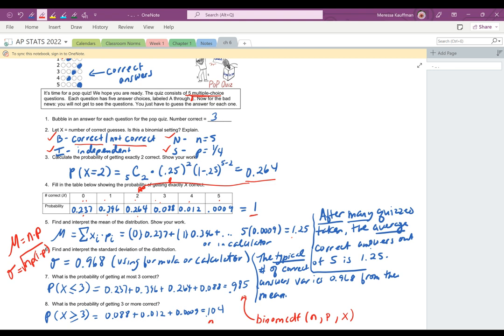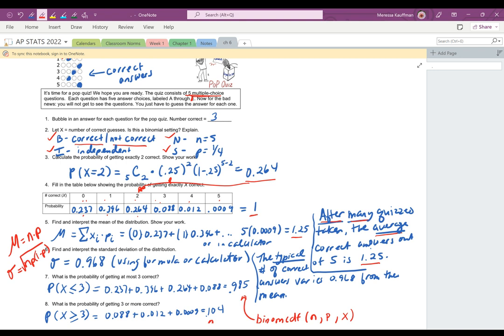And we should get a total of 1.25. That is our mean, meaning if we interpret this after many quizzes were taken, the average number of correct answers we can expect out of 5 is 1.25.